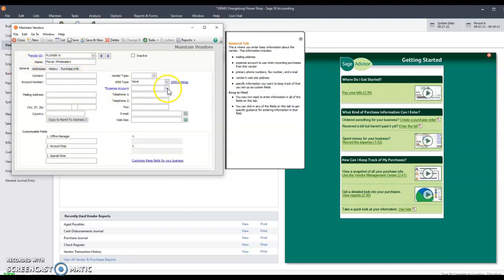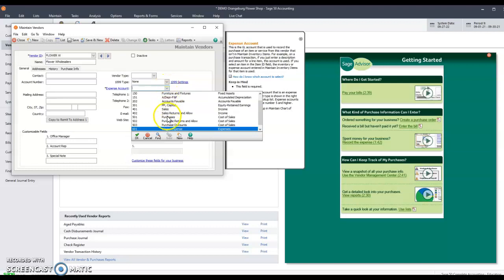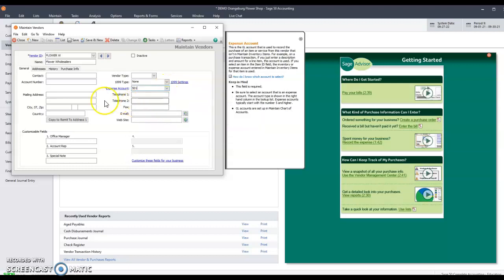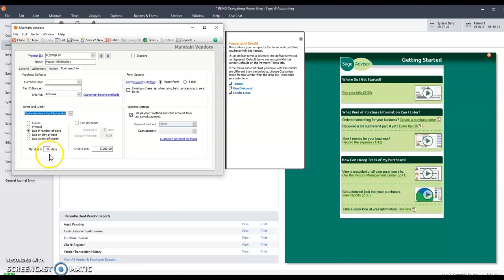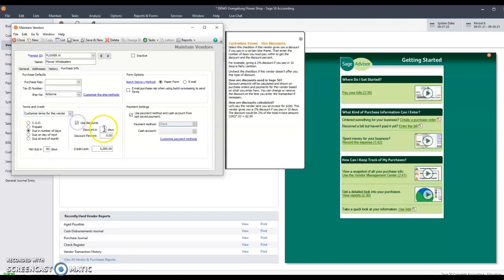Okay, again, for their expense account, we're going to say purchases because we buy inventory from them. Okay, and they are also 2/10 net 30. So I'm going to go here, customize, due still in 30 days, use discounts. In 10 days, it's going to be 2%.